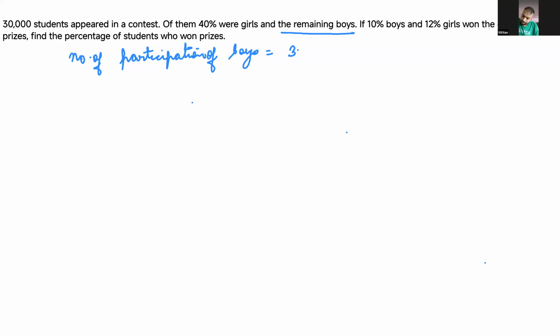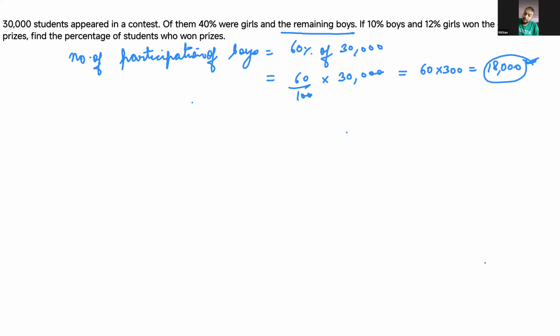So first of all, 60% of 30,000, which will become 60 upon 100 multiplied by 30,000. This zero and this zero will cut. So it will become 60 into 300. It will become 18,000 boys. Okay. Yes or no?